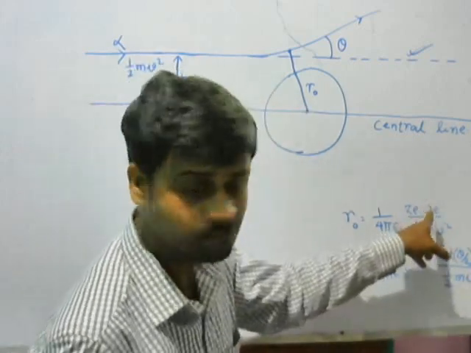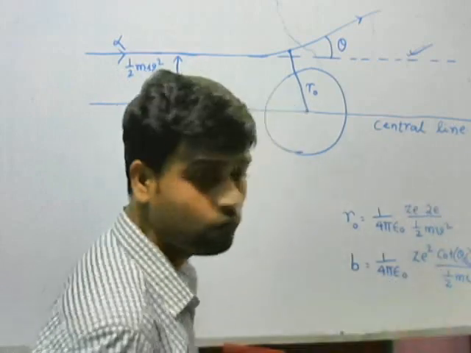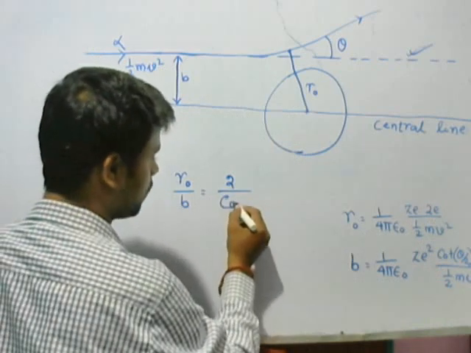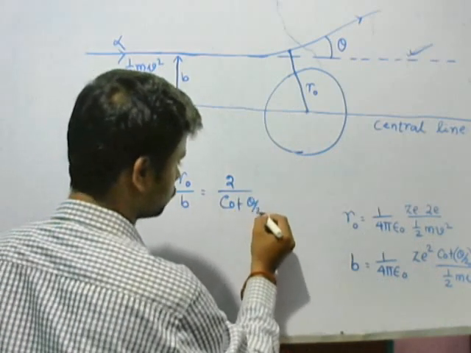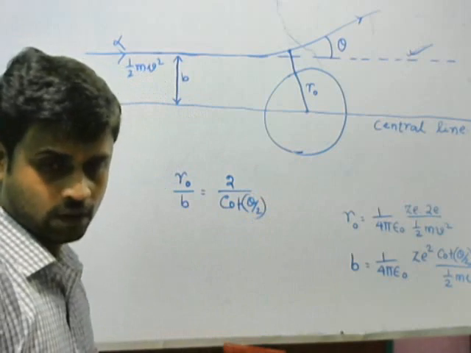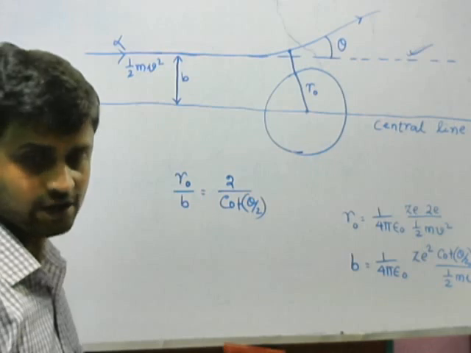Then the 2 lies here and cot theta by 2 lies here. R0 by b is equal to 2 divided by cot theta by 2. Clear? This is the relation between b and R0.